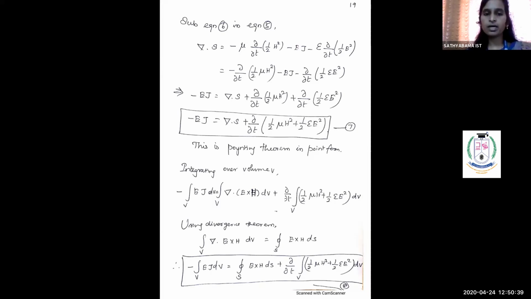It is nothing but our Poynting vector. Poynting vector is E cross H. So instead of S, we substitute E cross H into dv plus ∂/∂t of integral over v of half mu H square plus half epsilon E square into dv.